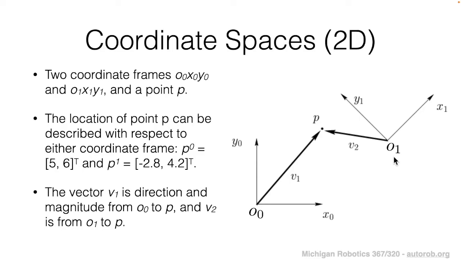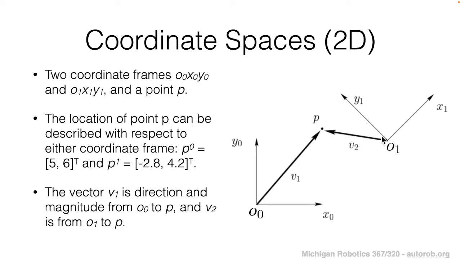Also within the global space is a particular point. This point P exists within the global space, but it can be defined with respect to either of the frames of reference. Point P can be described with respect to origin 0, represented by this vector translation from origin 0 to point P, called V1, or it could be described with respect to the coordinate frame at origin 1, which would be described by this vector translation V2.